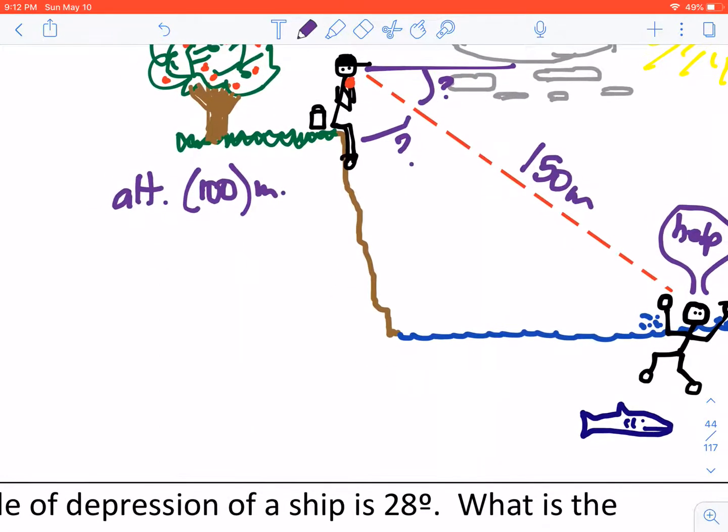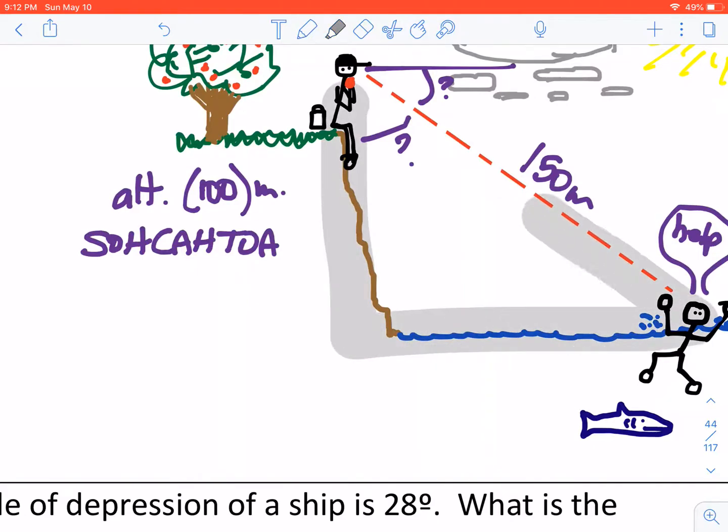All right, first of all, we need to set up the right trig ratio. Is it SO? Is it CA? Is it TOA? Well, again, there's our triangle. There's the right angle. Looks like we have a leg and a hypotenuse, so that means we are not using tangent. And since we're using the side that's adjacent to us, we're going to use cosine.